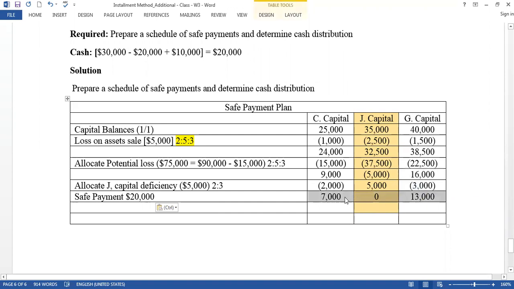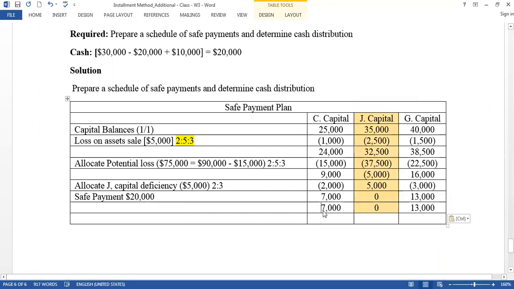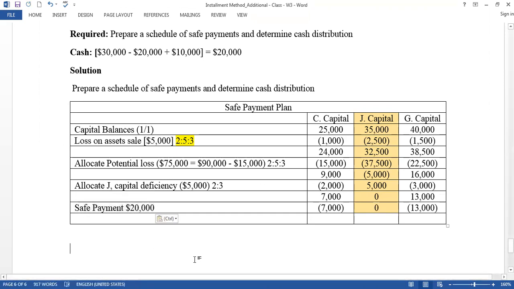So this money we are going to pay them. Something like this. Safe payment.